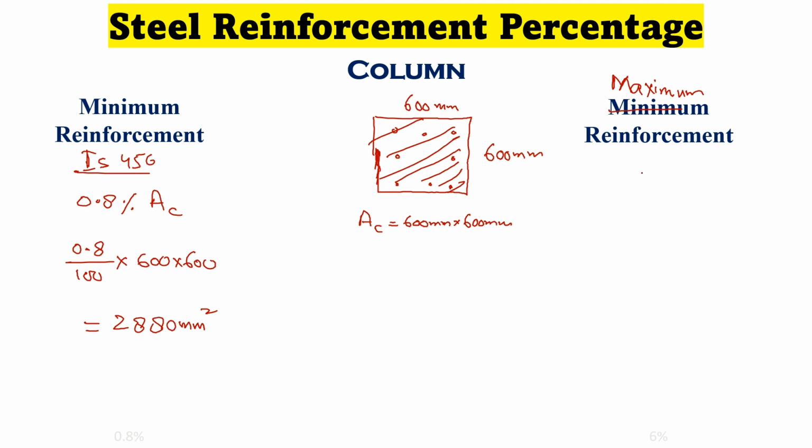And if we want to know the maximum percentage, the maximum percentage of steel is 6% of the cross-sectional area of the column. So simply it will be 6 by 100 multiplied by 360,000.